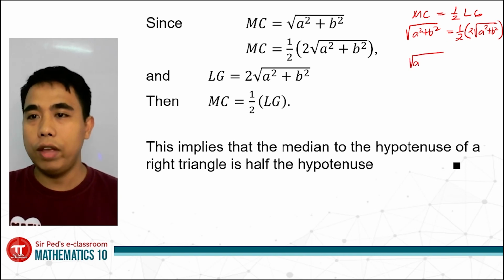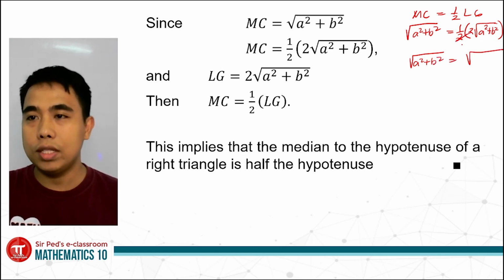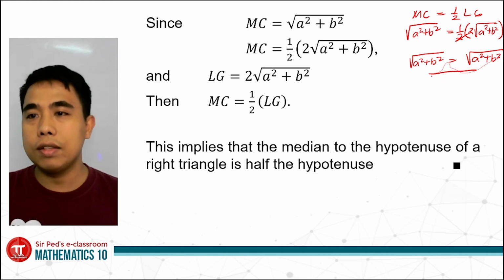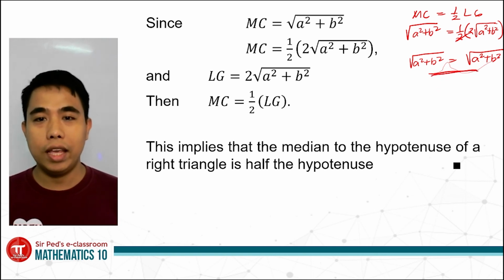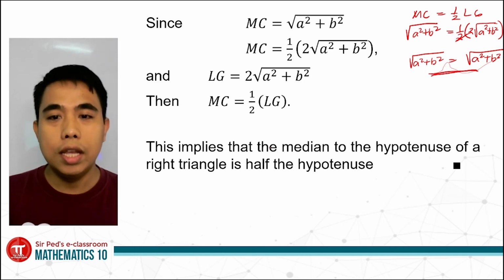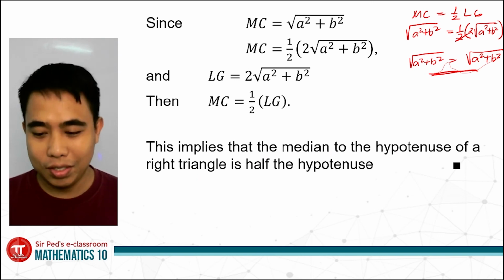So square root of a squared plus b squared is equal to square root of, yan, kinancel natin yung 2 at saka sa denominator na 2. So the square root of a squared plus b squared. Since naipakita natin na yung left side ay equal sa right side, then we can now conclude that the median to the hypotenuse of a right triangle is half the hypotenuse.